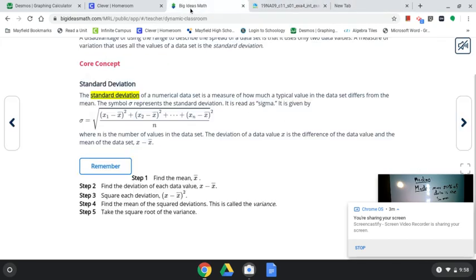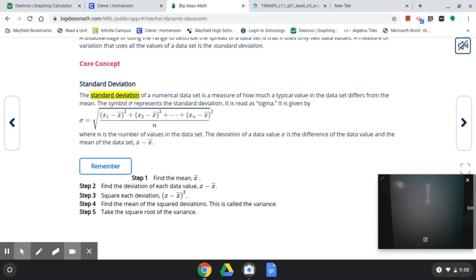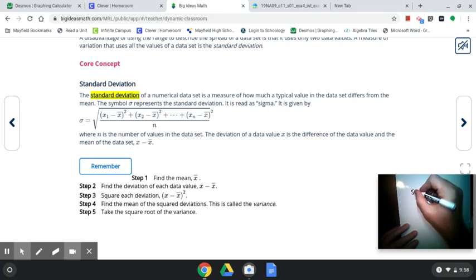But now we need to look at something called standard deviation. Standard deviation is something that takes into account all of the numbers. So what standard deviation means, let's look at the 2 words that make up standard deviation.